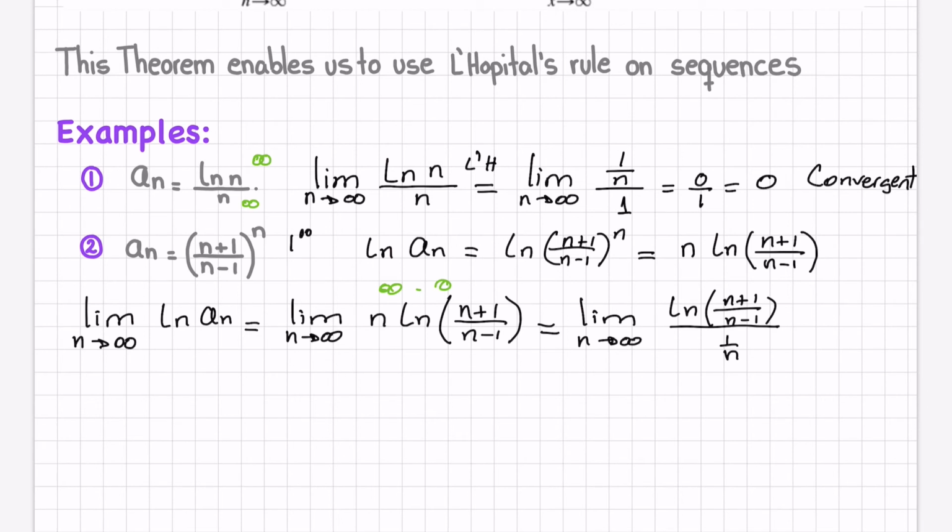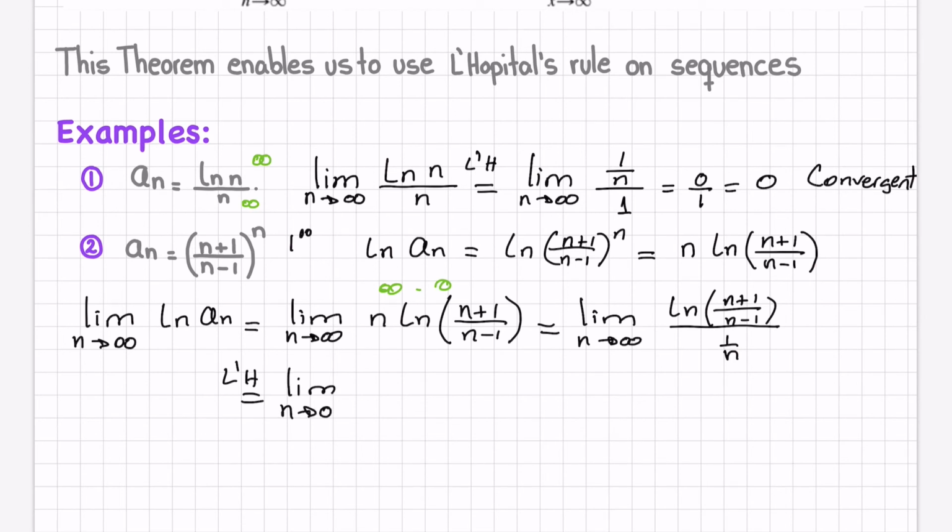So now this approaches 1 and ln of 1 is 0, so it's 0 over, n approaches infinity, so 1 over n approaches 0. So now we have an indetermination of the form 0 over 0, and we can apply L'Hopital because it is a L'Hopital indetermination.